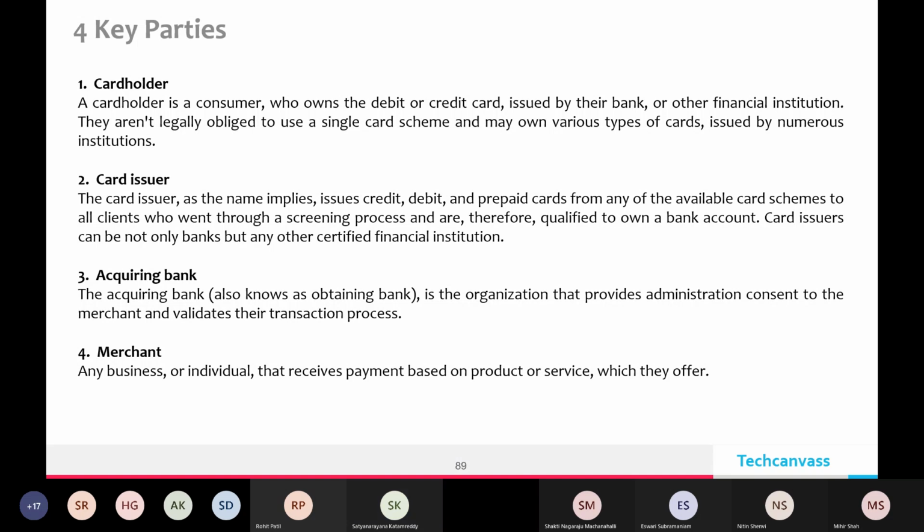These are credit card companies that are authorized to issue the cards. So effectively, if you look at SBI Cards, it is a separate division. It is not a bank. SBI bank is different and SBI Cards is different. It's a separate division that is authorized to issue the cards.